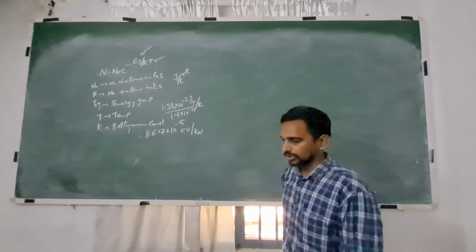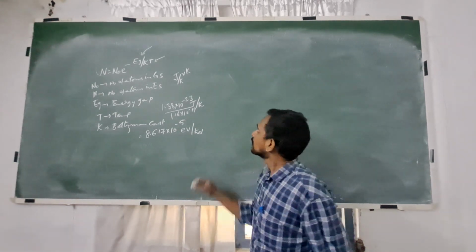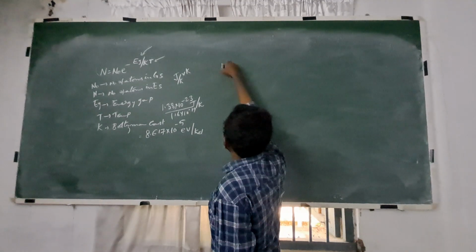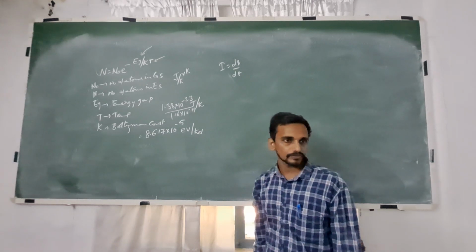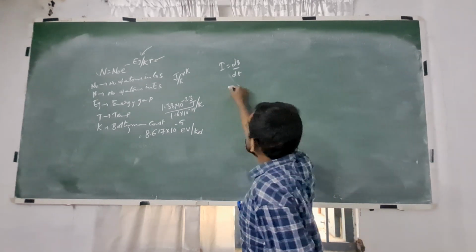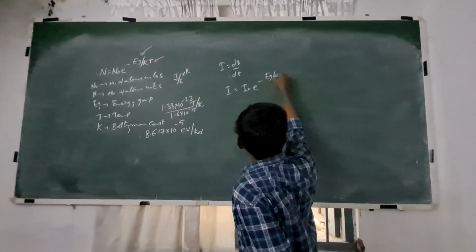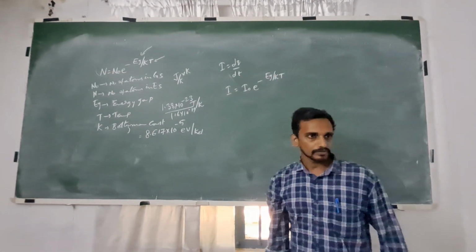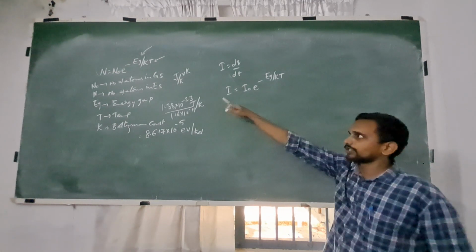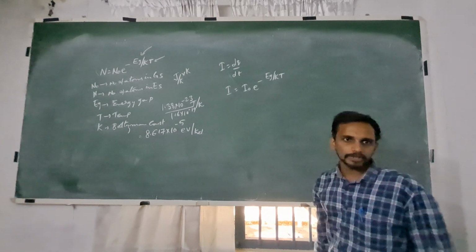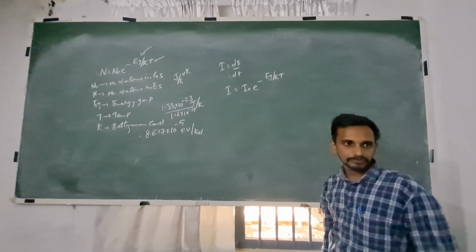Okay, and once you know the number of carriers, you can get an expression for current. So I can write I is equal to I0 e power minus Eg by KT. The number of carriers crossing in unit time, if I differentiate that number with respect to time, I get this.